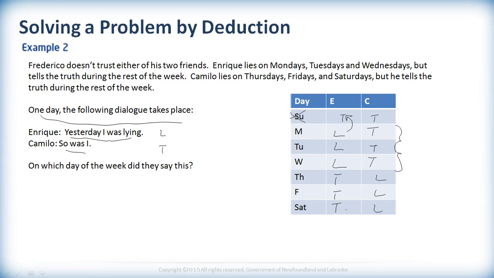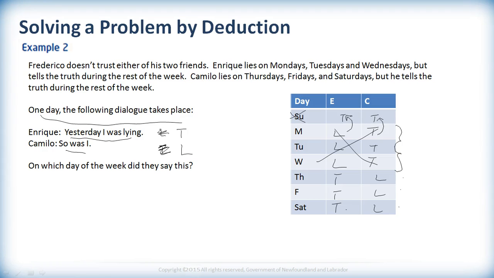Camilo was telling the truth, and he says that he was lying the previous day, but on Sunday he's telling the truth, so that doesn't work. So Monday, Tuesday, and Wednesday are all out. Now we've got to check the possibility that Enrique is telling the truth and Camilo is lying, because that's the only other option we have. And then it has to fit into one of these days.